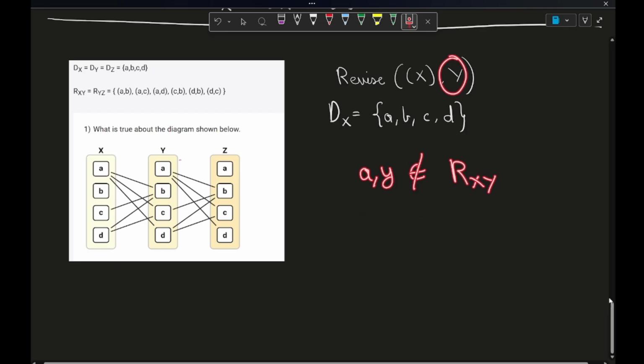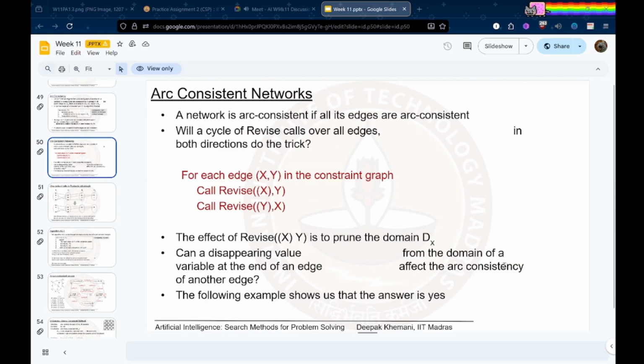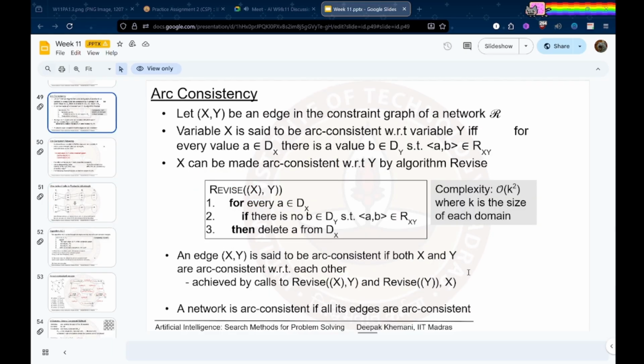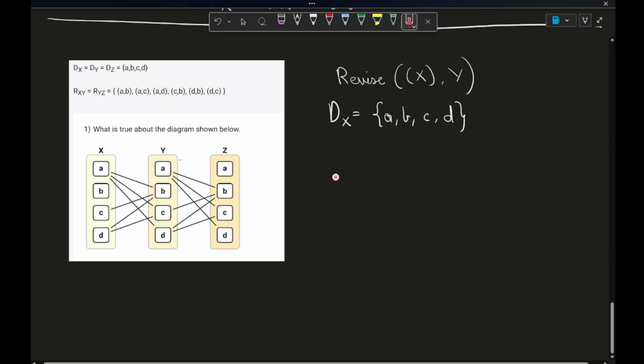Even if y has just one value that makes a pair with a, then it's fine. But if there is not a single value, then we remove that.